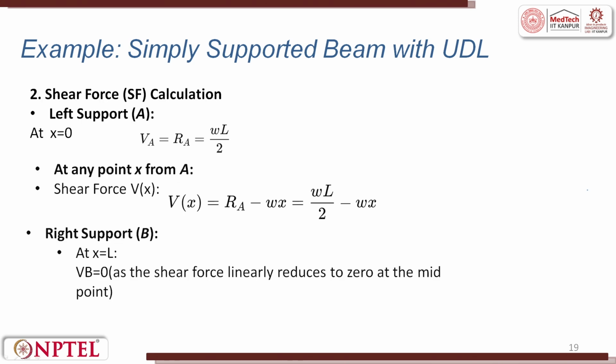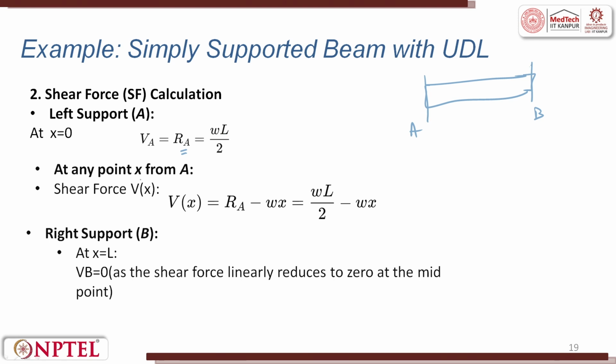When we calculate the shear force at left support A, where x equal to 0, VA equals the reaction at the point A, which is nothing but WL by 2.